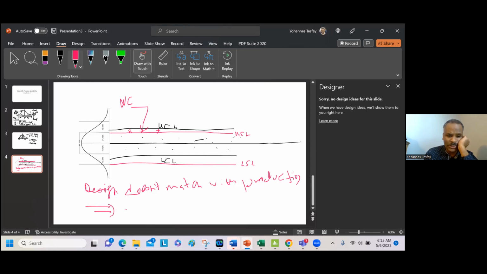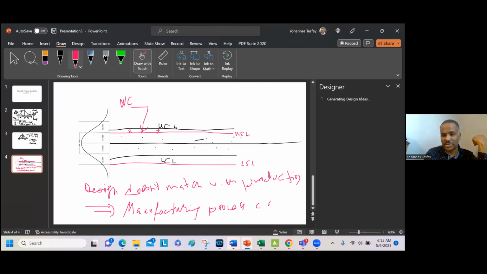Here we have manufacturing process capability limitation.